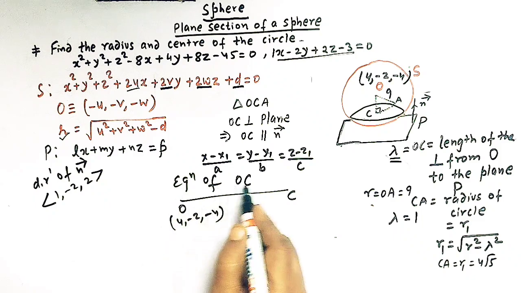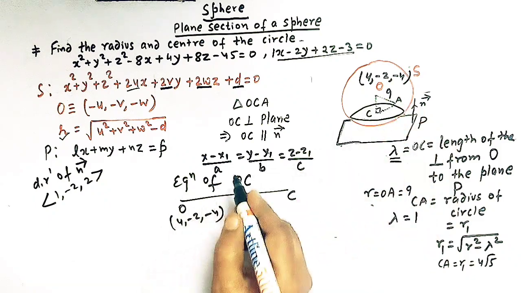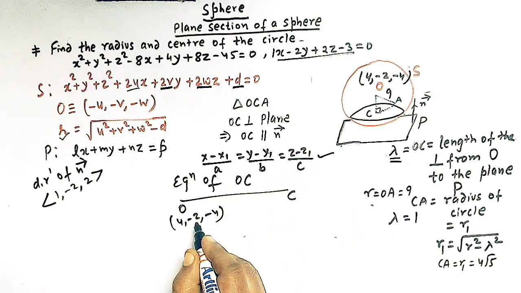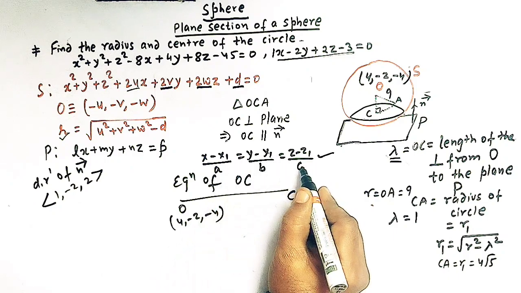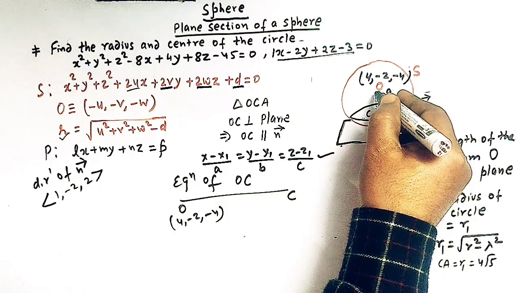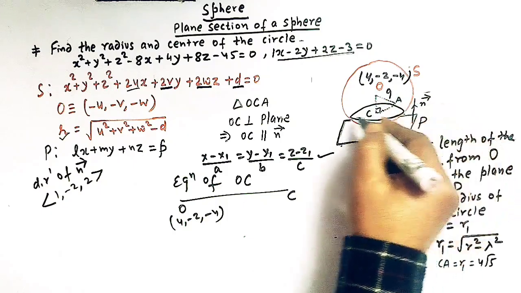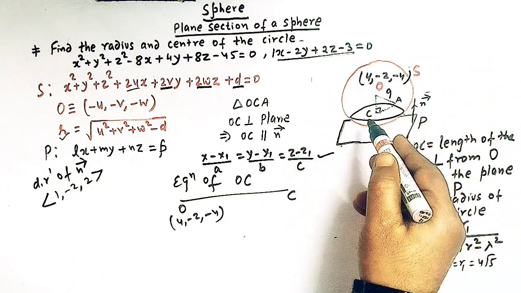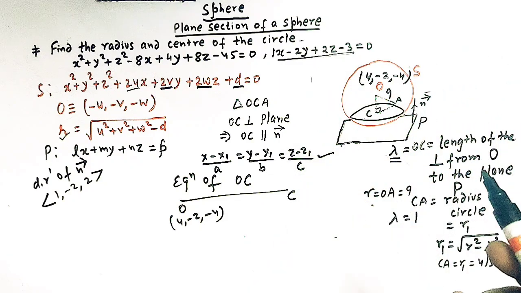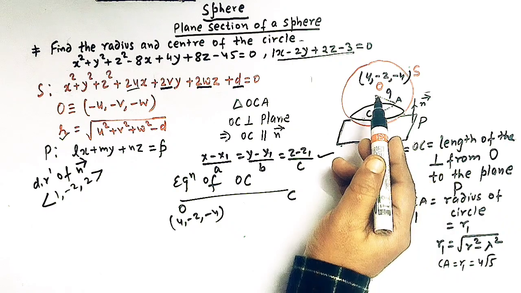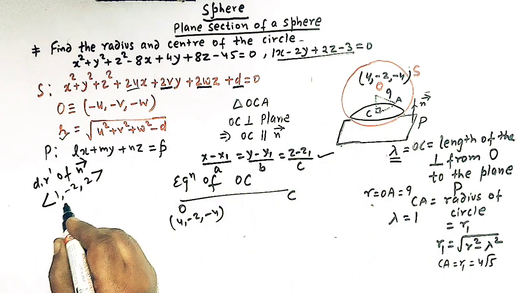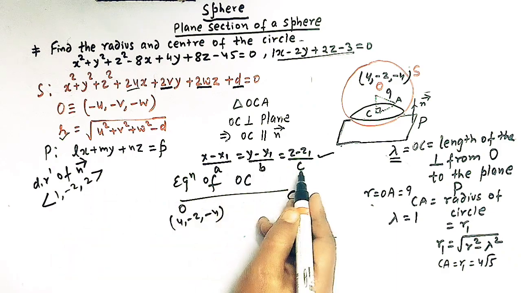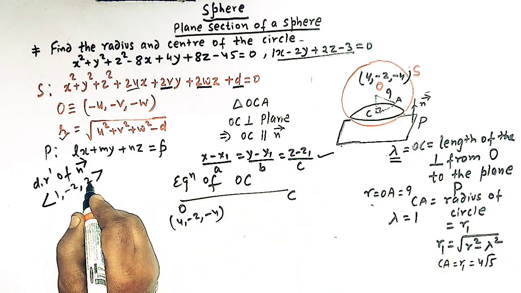So now the equation of OC can be written with the help of this equation. x1, y1, z1 is (4, -2, -4), and a, b, c are the direction ratios of the normal vector to this plane P. Since parallel vectors have either direction ratios equal or proportional, the direction ratios of OC can also be taken as 1, -2 and 2. So a, b, c are 1, -2 and 2.